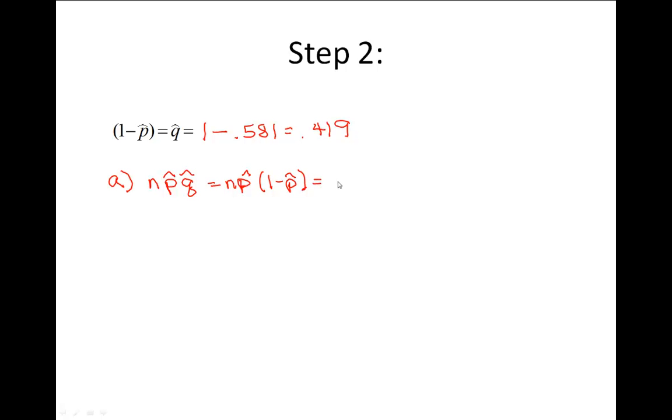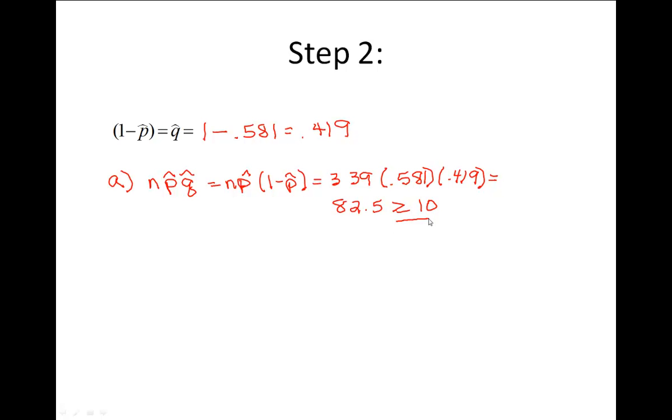In either case, that would be 339 times 0.581 times 0.419. Just multiply those numbers out, and when you do that, that gives us 82.5, which is greater than or equal to 10.